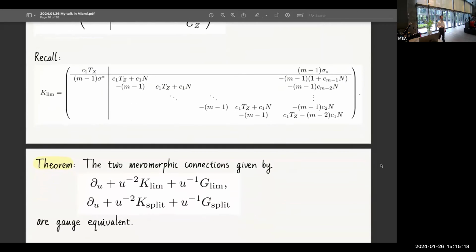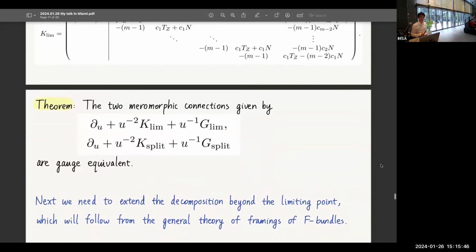And now the theorem is that the two meromorphic connections given by this K limit, G limit, and K split, G split, they are gauge equivalent. So this is precise. We have all the matrices written down, and still it requires some work to prove the gauge equivalence. So this gives us the decomposition theorem we want at the limiting point.